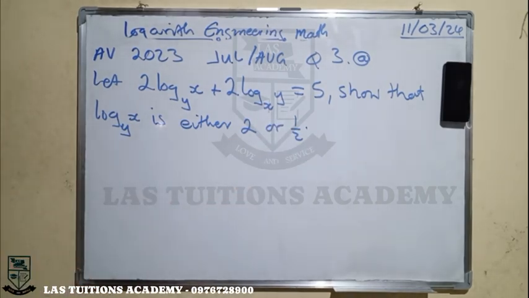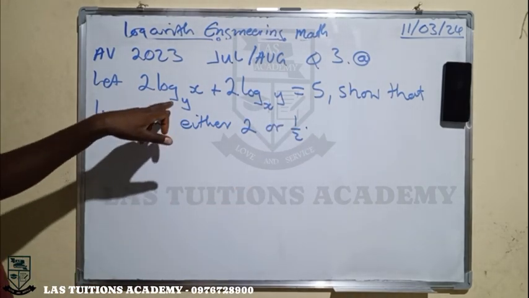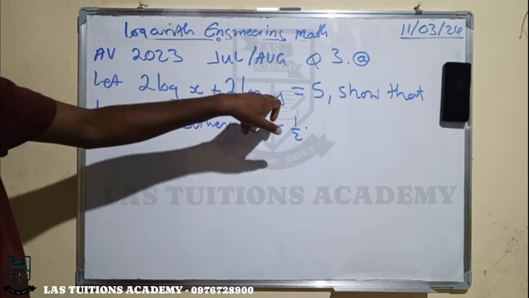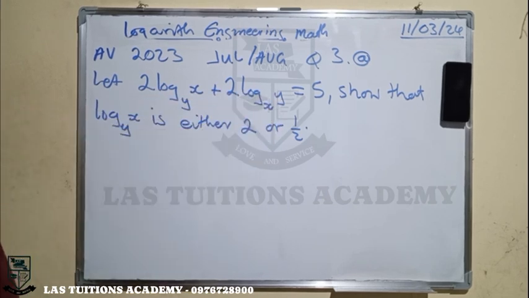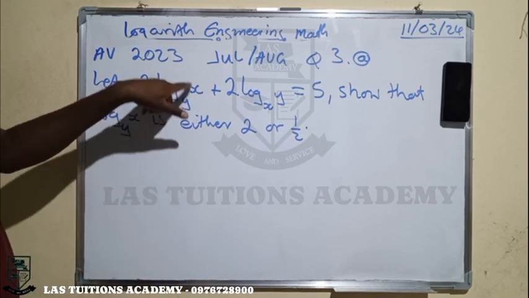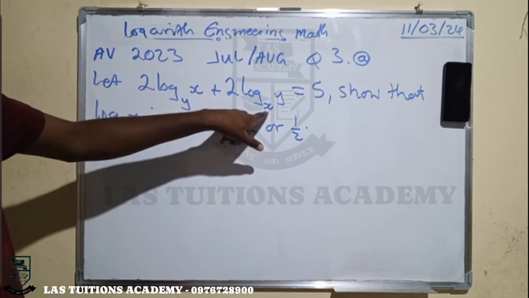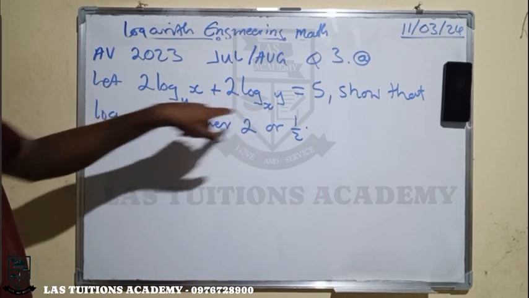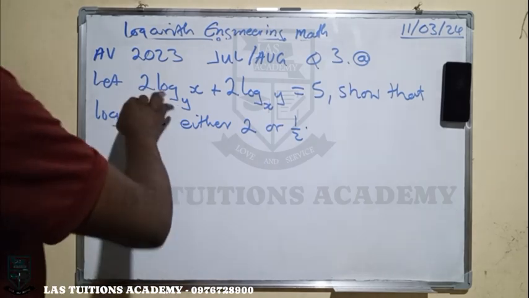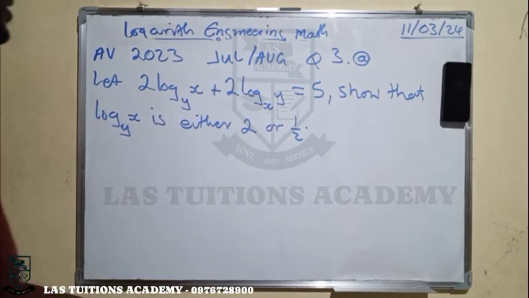So now we have log x base y, but here you have log y base x. And we're asked to find this, which is now this one here. So meaning we need to change the base for this one, so the base can become y instead of what we have there, so that we can have the same base throughout.